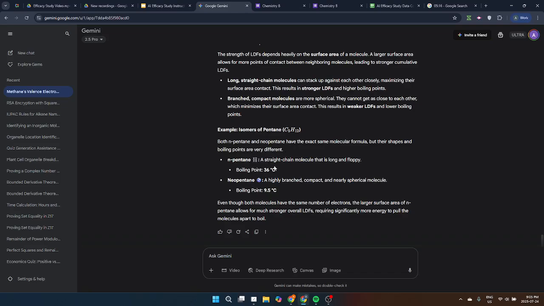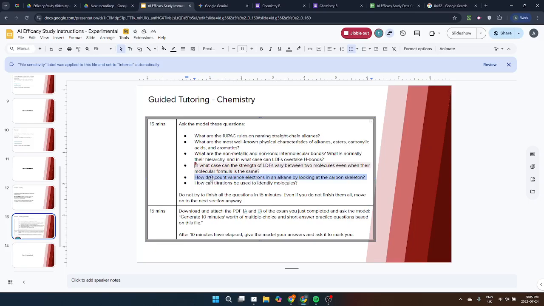Okay, so straight chains are higher boiling points. So straight chains, like simpler molecules that cover a bigger area, have higher LDFs, while branched ones have lower LDFs. Okay. That is good to know.